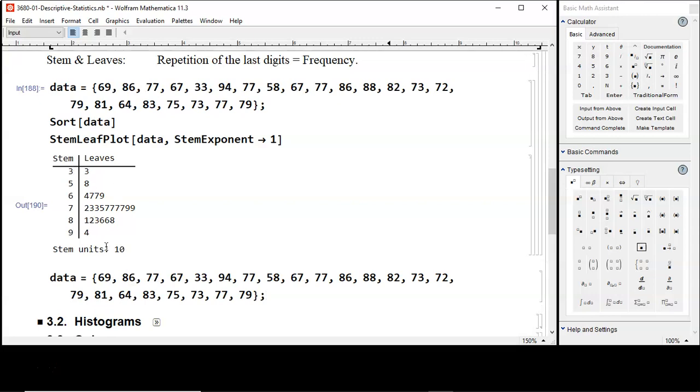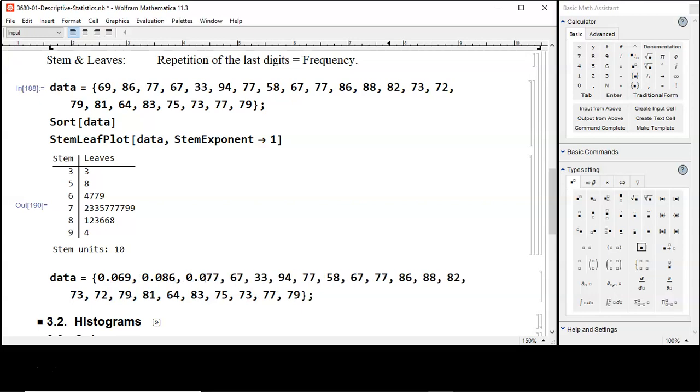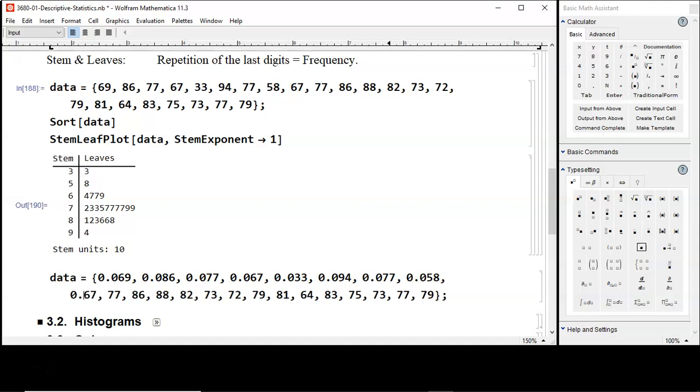And then let me change this a little bit. Instead of these data, let me change into some decimals like this. So I'm not going to change the non-trivial number part. Instead, I'm just changing the decimal place.